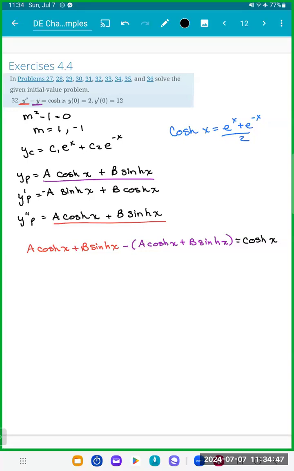So this holds for all of the values of x if a is equal to 0 and b is equal to 1/2. So we can say that our yp is equal to 1/2 sine h of x. So our general solution then, remember, that's our complementary plus our particular.